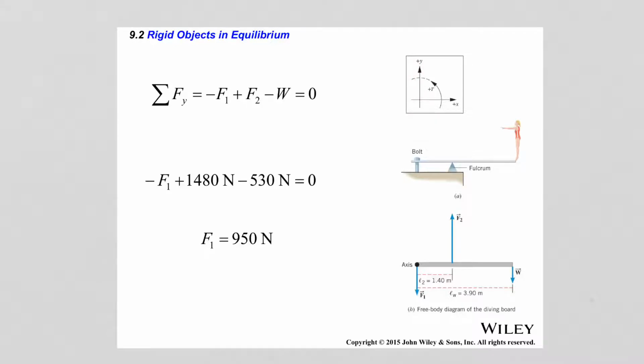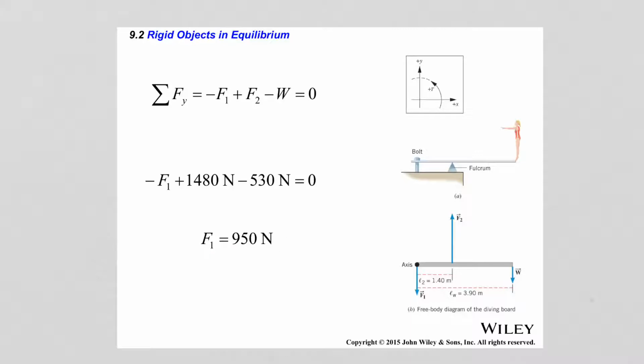In the y direction we have minus F1, the minus sign appearing because this force points opposite to the positive direction, plus F2 minus W, and we set this net force equal to 0. Substituting the values for F2 and W gives that force F1 is equal to 950 newtons.